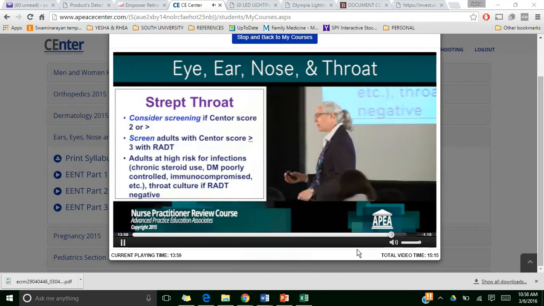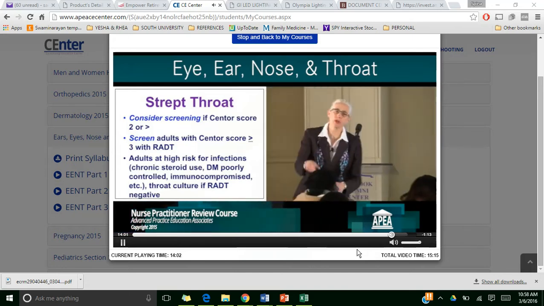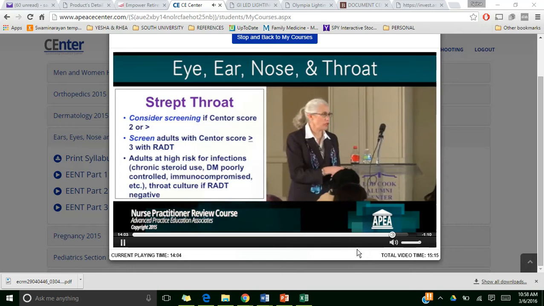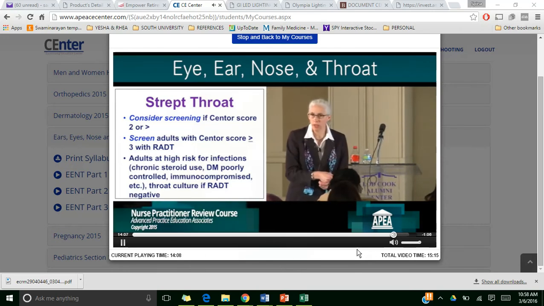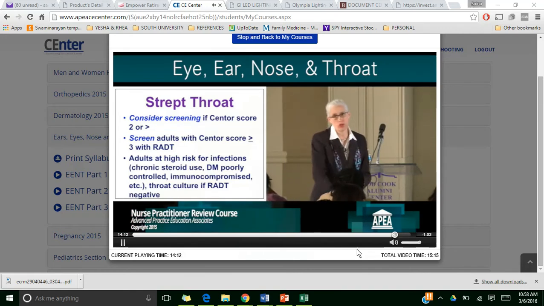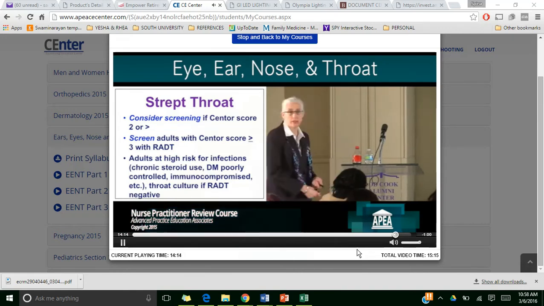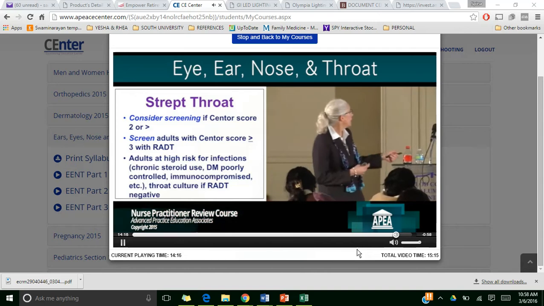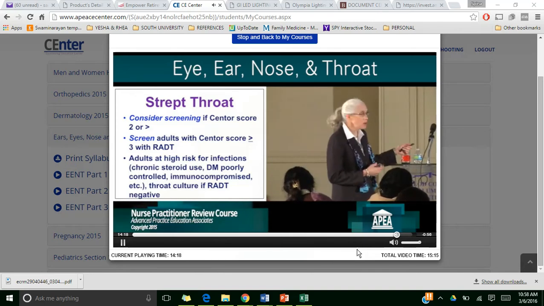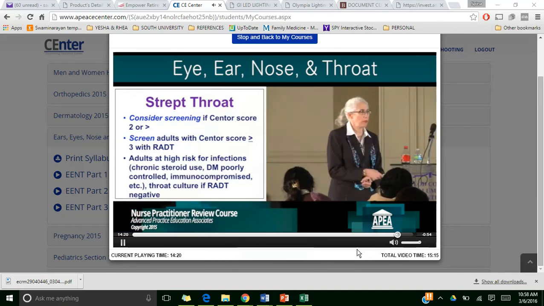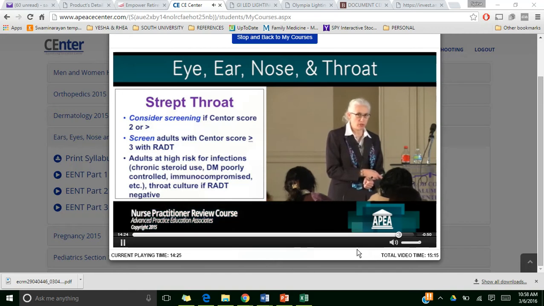So again, most adults do not have strep throat. But I want you to put an asterisk by that statement because this is what you need to consider. There are some adults who are at increased risk of strep, and here's who I think of. People who are immunocompromised, like somebody with rheumatoid arthritis, somebody who's on prednisone every day, somebody who might be around little kids who have strep, like a first grade teacher, a daycare teacher.